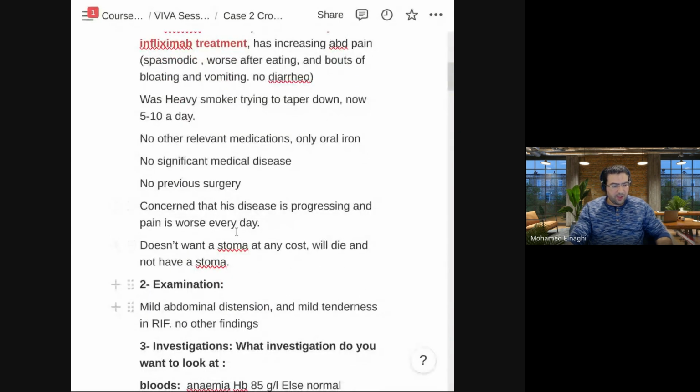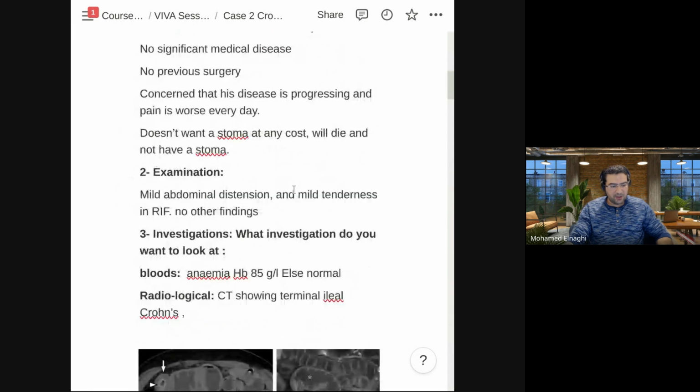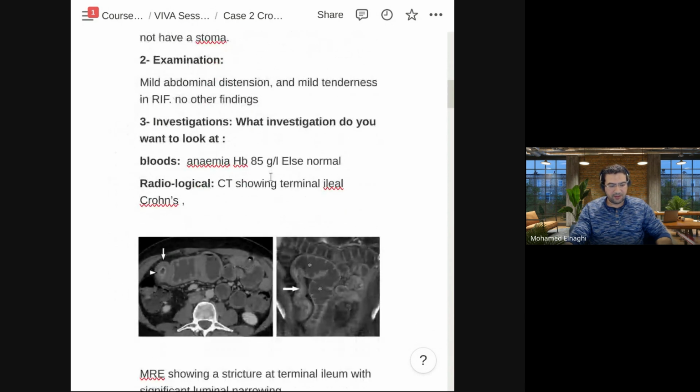So on examination, he has some mild abdominal distension and mild tenderness in the iliac fossa with no other findings. And you look at these investigations. So his bloods, he's anemic with hemoglobin of 85 grams per liter, and all the other blood results are normal. You look at his CT scan, and CT scan telling you that he has terminal ileal Crohn's disease with some stricturing. So this is the image of the CT.